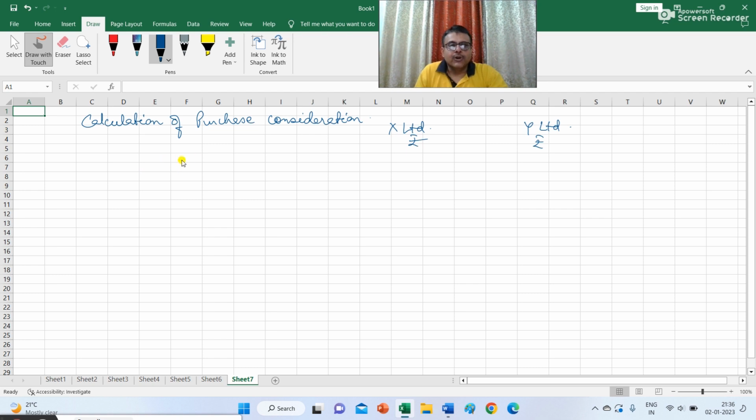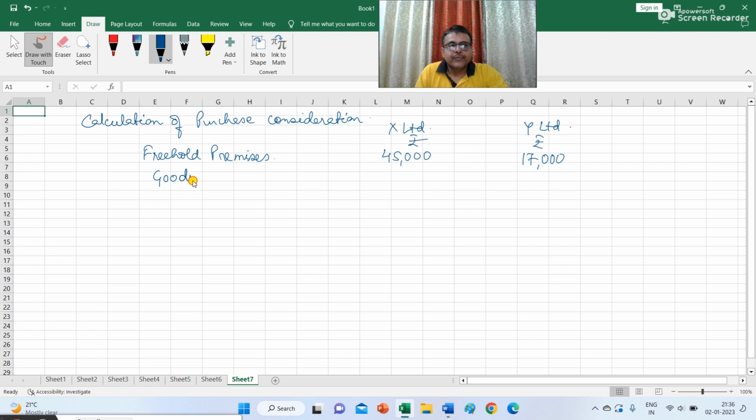First of all, we have to write the value of fixed assets of X and Y Limited that were taken over by XY Limited. So I am writing here freehold premises, 45,000. These are the revalued figures. In the adjustments in the question, it is clearly written that the freehold premises of X Limited will be valued at 45,000 and that of Y Limited at 17,000.